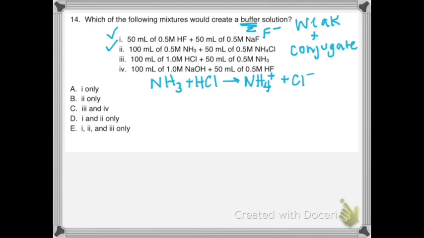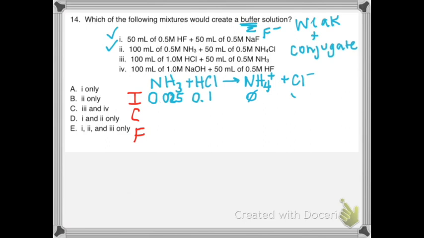Whenever we have a reaction, we want to consider the moles involved and make an ICF table. Okay, so under these conditions, we would end up with 0.025 moles of the ammonia and 0.1 mole of the HCl.